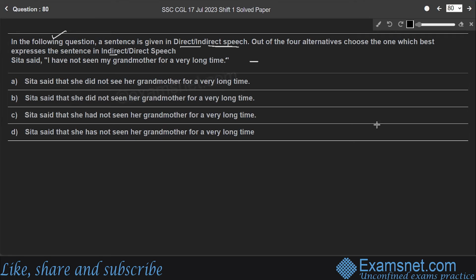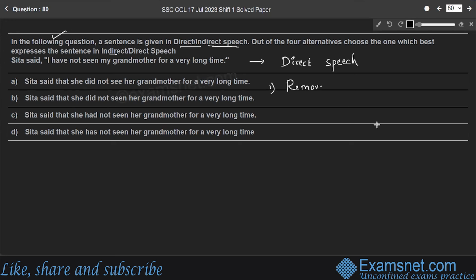Here the given sentence is in direct speech. So convert this into indirect speech. While converting direct to indirect speech, we need to follow some steps. The first and foremost step is to remove all commas and inverted commas. If there is an exclamatory mark, remove that also.